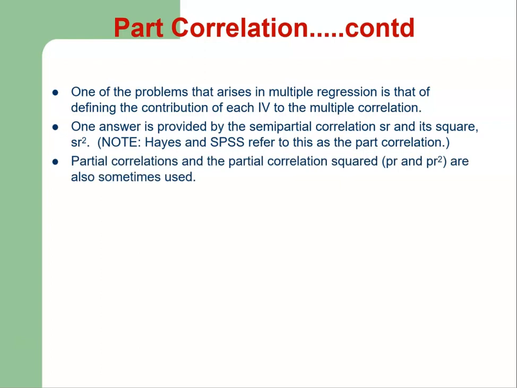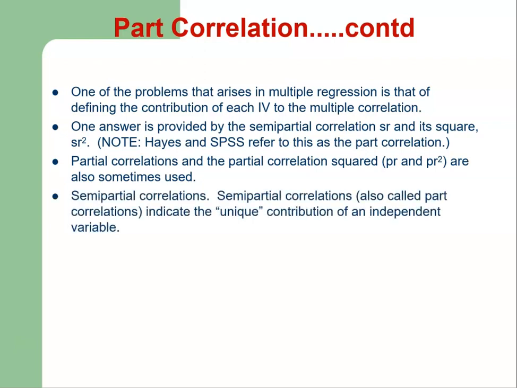Partial correlations and the partial correlation squared are also sometimes used. So it means either we use semi-partial correlation SR and its square, or we may use partial correlation and the partial correlation squared. But usually we will use semi-partial correlation and its square. So semi-partial correlations indicate the unique contribution of an independent variable.